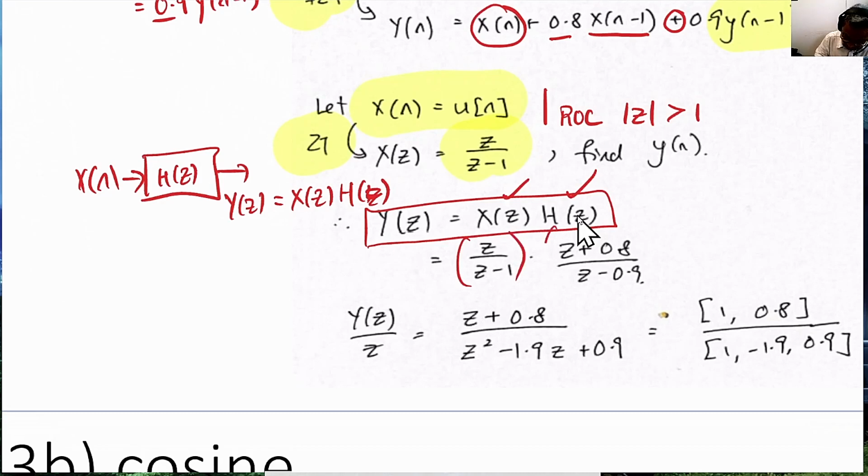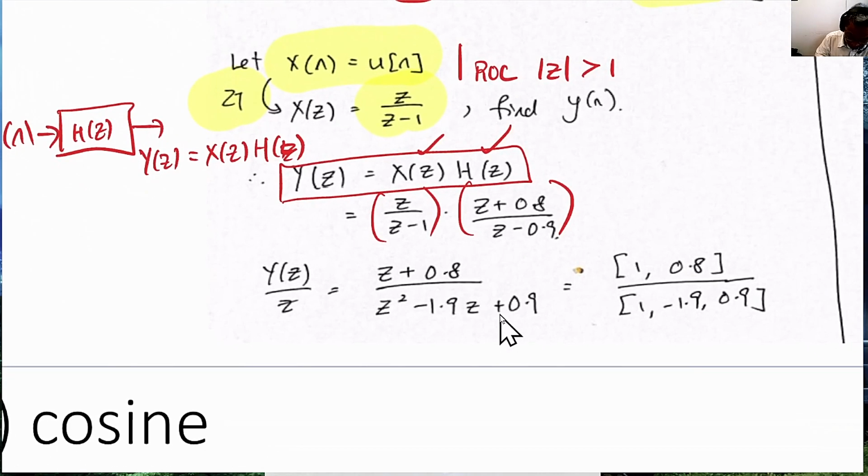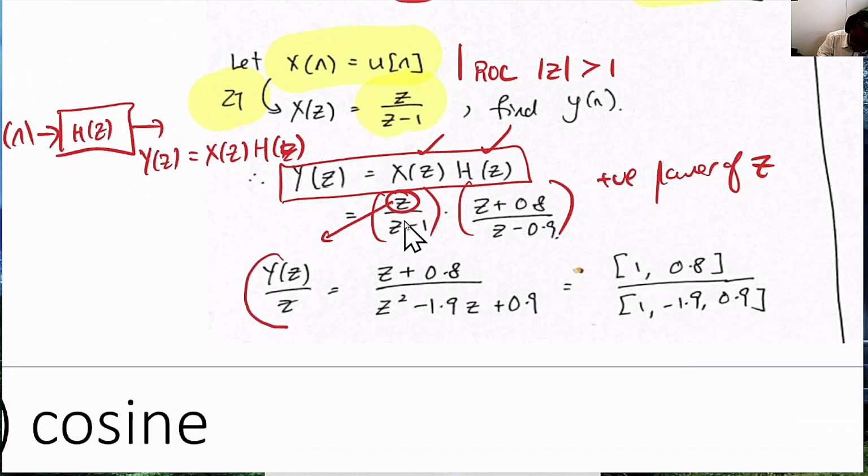This is X(z), this is H(z), and now let us see what is the output. Again, we have a trick. If this is in positive powers of z, and we want to do factorization, we have to bring one of the z here to the other side. Later on, you realize that this Y(z) over z, this z will be moved to the right hand side after the partial fraction expansion.